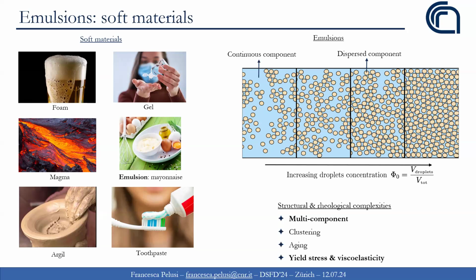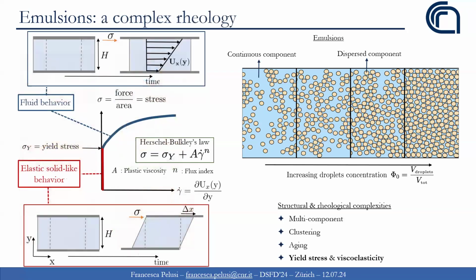Among the other properties, we have the rheological ones, which are the most interesting. With rheology, we mean the mechanical response of the system to an applied external force. This response can be drawn as a relation between the stress applied per unit area on the material as a function of the shear rate, that is the gradient of the velocity triggered inside the material upon the application of the external force.